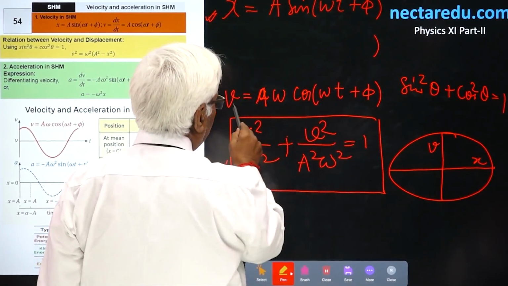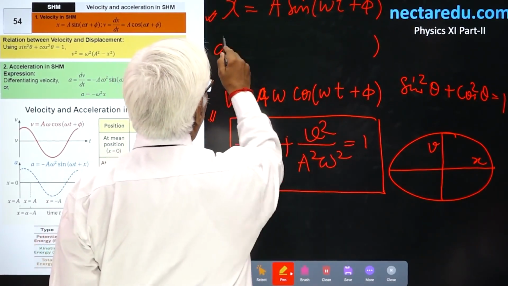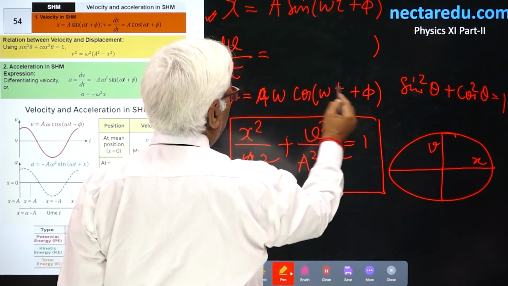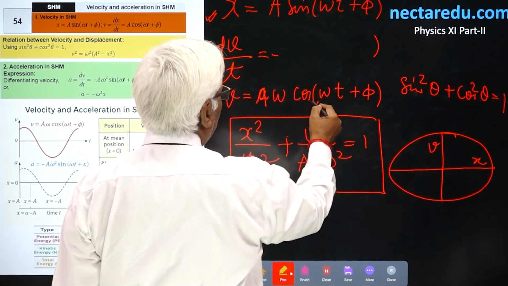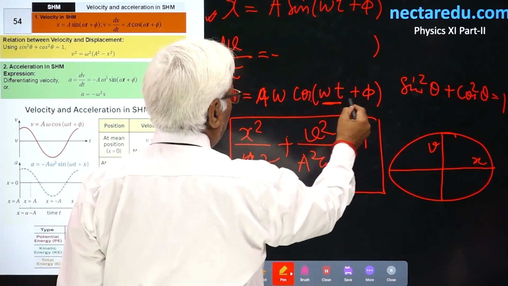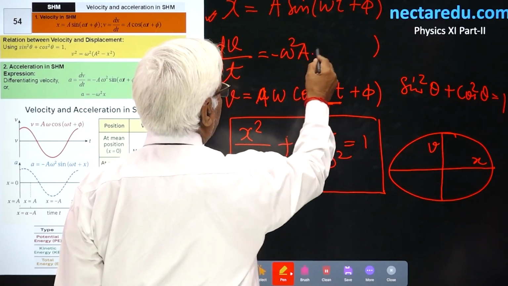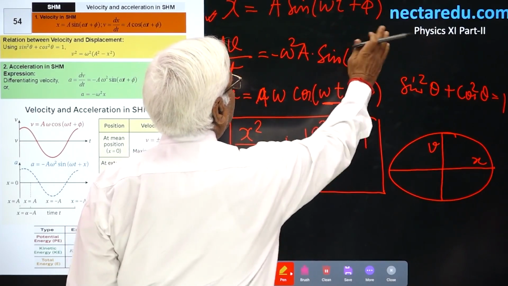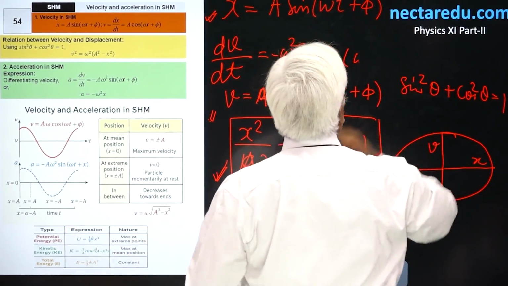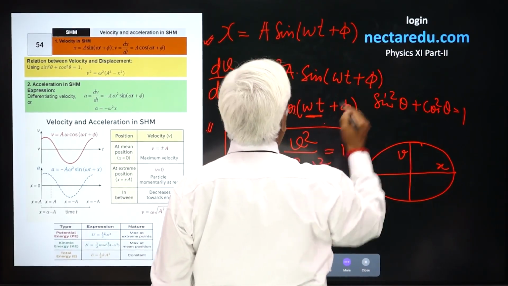Now further you want to differentiate velocity in order to get acceleration. You will put dv/dt. This is going to be cos becomes sine and minus. Then when you differentiate this ωt + φ, again you will get one ω. This is ω²A sin(ωt + φ).